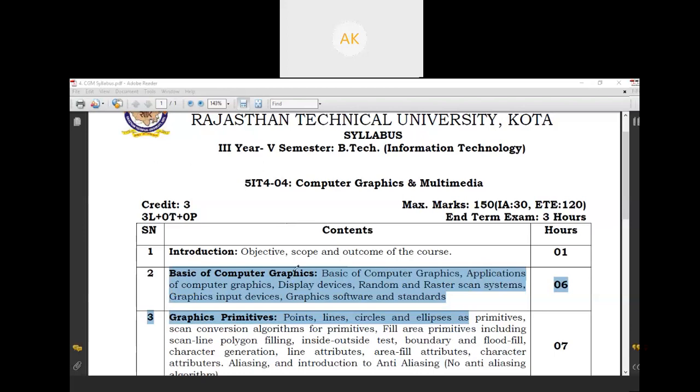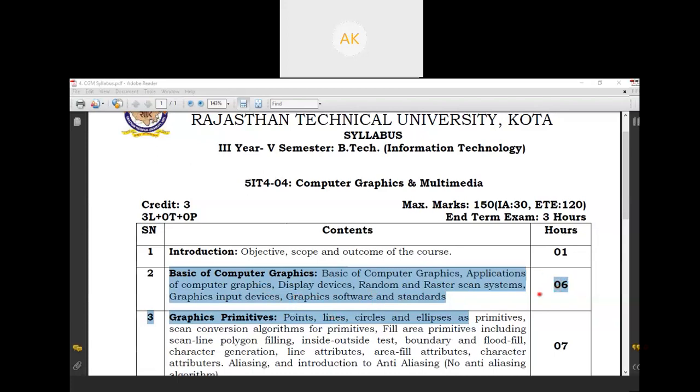In this unit one, we will discuss basics of computer graphics, applications of computer graphics in different fields, different display devices, different scan systems, random scan system, raster scan system, different input devices used in computer graphics, and different software and standards we are using in computer graphics. We will discuss these in unit one.